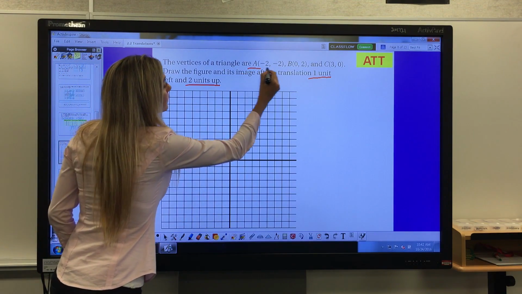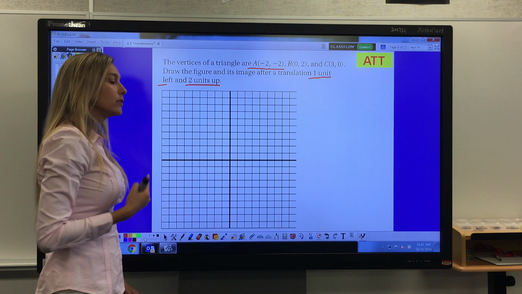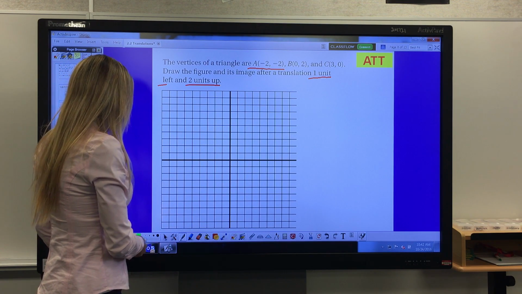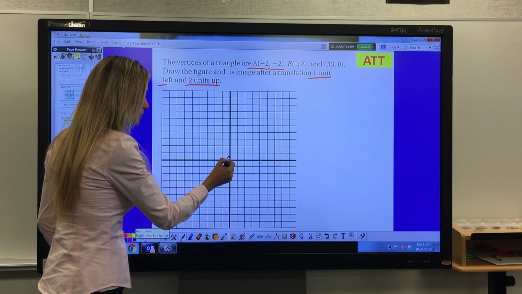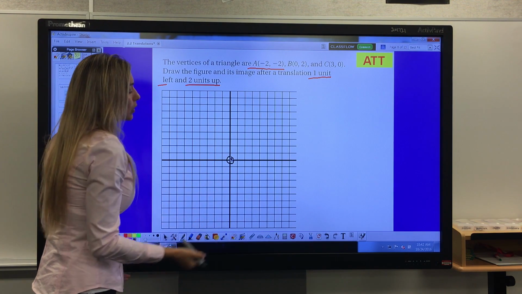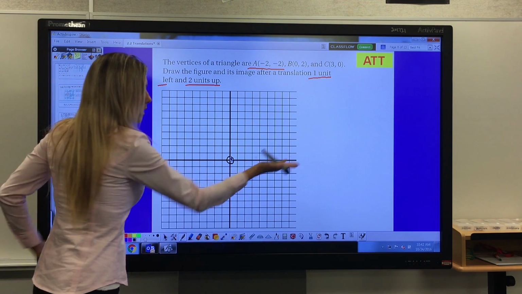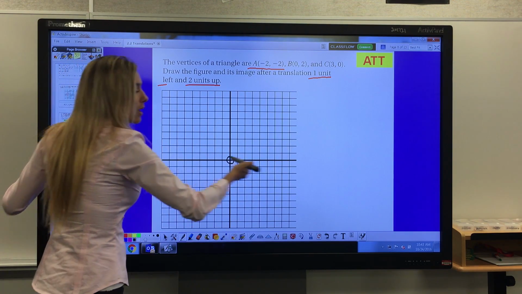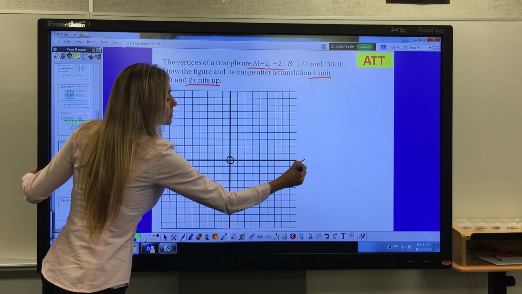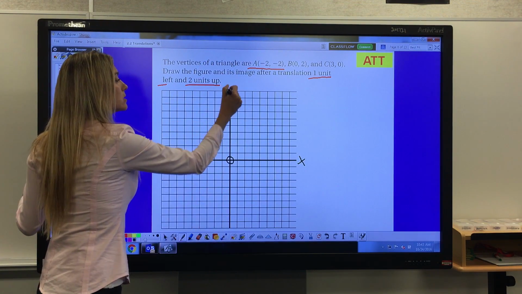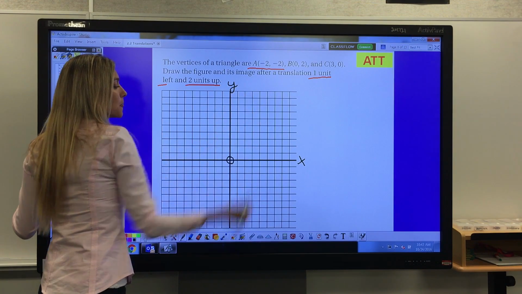Point A is (-2, -2). It is very important for you to truly understand your coordinates. In the middle, where my x and y axes meet, is 0. The horizontal line is my x-axis. The vertical line that goes up and down is the y-axis.